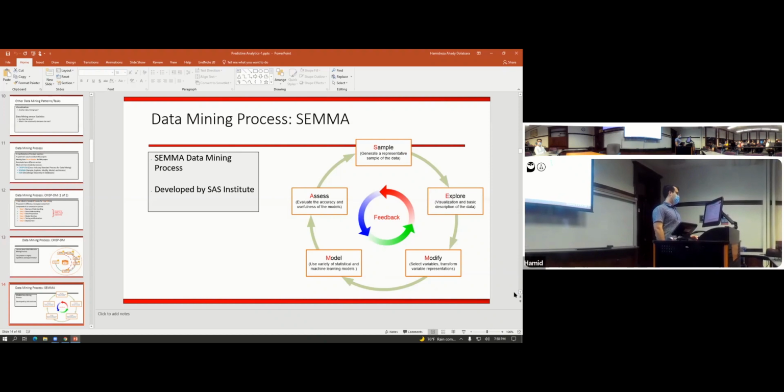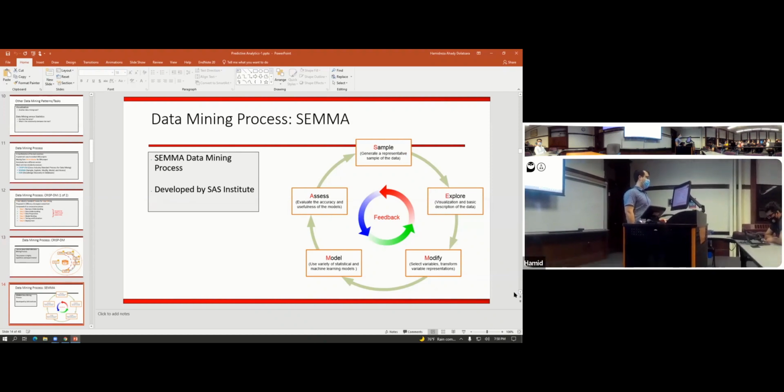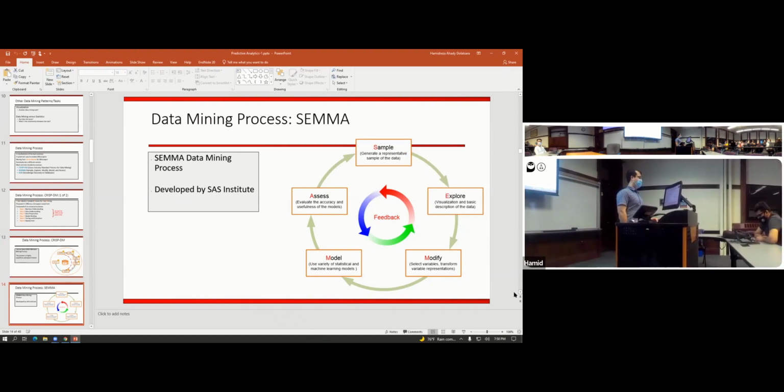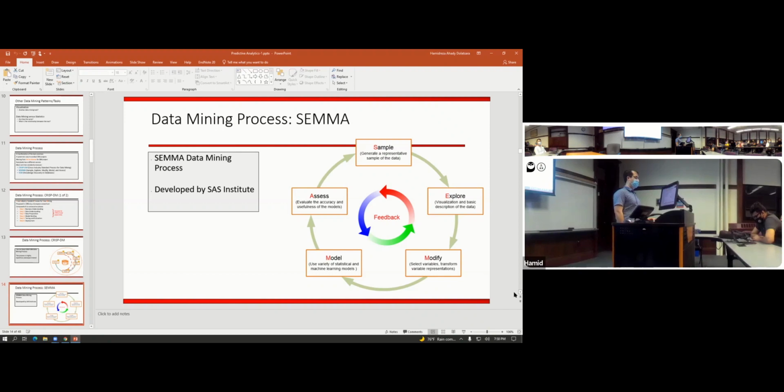Also SEMMA, as you see, although the figure is different, it seems to have similar steps. In the sample step, you explore the data and do visualization, and also some part of data prep.